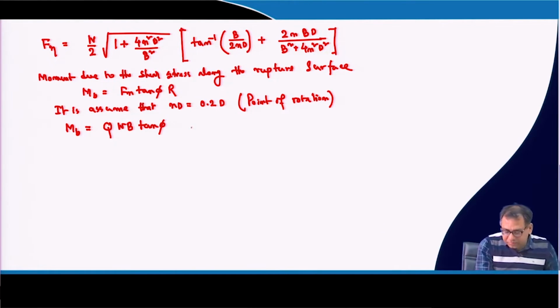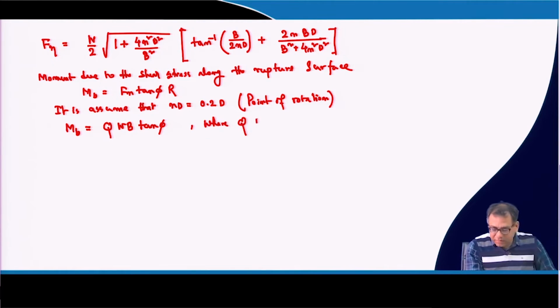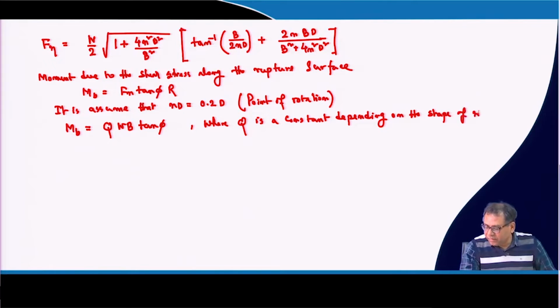Now, where q is a constant depending on the shape of the well and the d by b ratio.